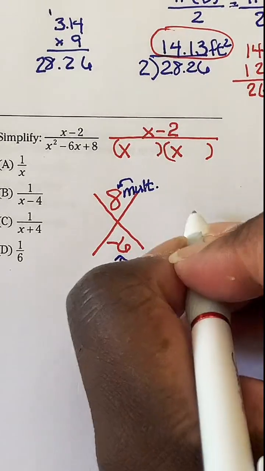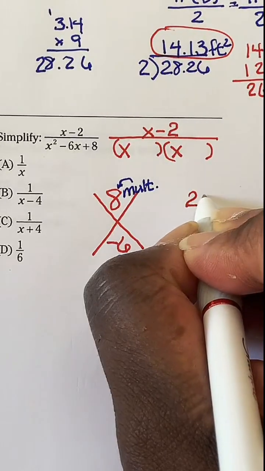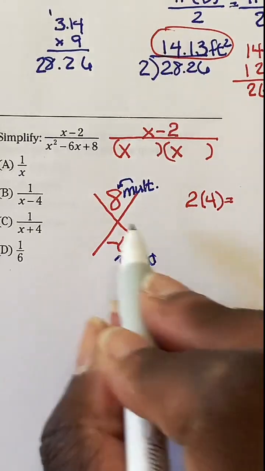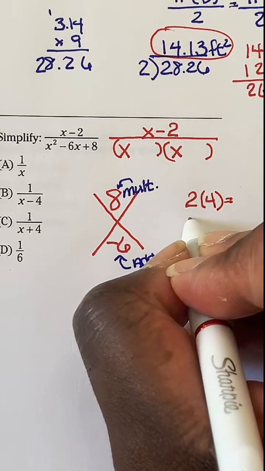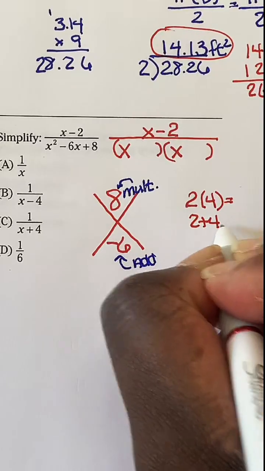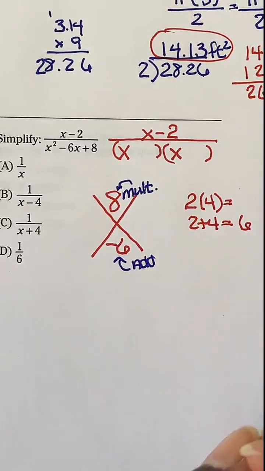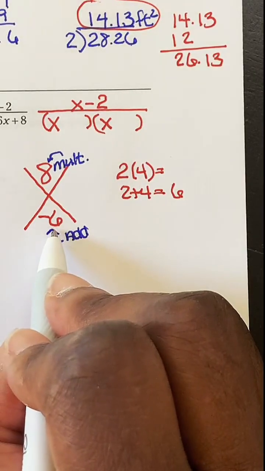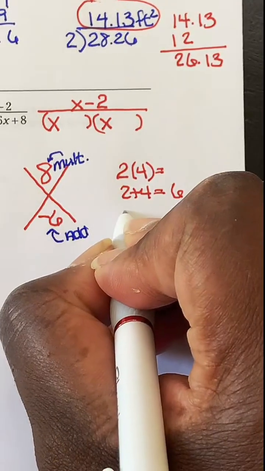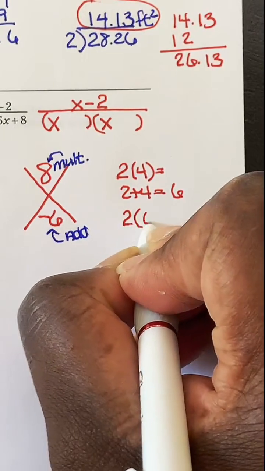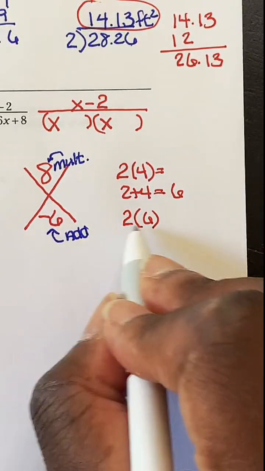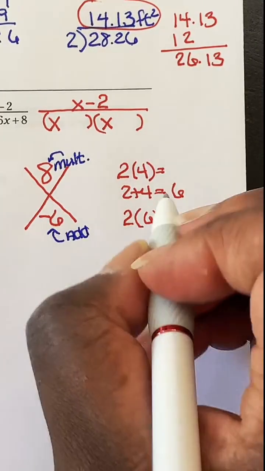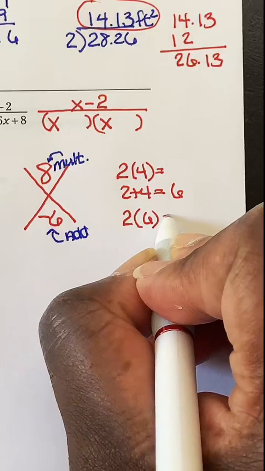So some of you guys are telling me 2 and 4. Well, 2 and 4 does work for the 8, but 2 plus 4 gives me 6. I'm not looking for a 6. I'm looking for a -6. For those that are giving me 2 times 6, well, 2 times 6 gives me 12.